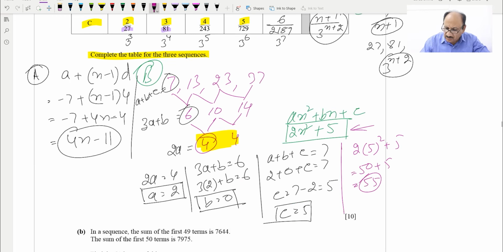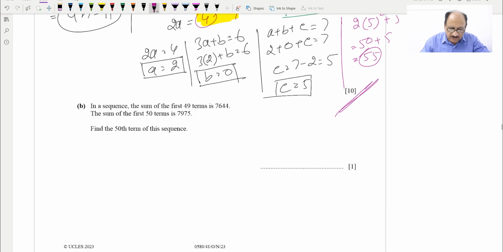So this question is done. It was a 10 mark question which we have done. Hopefully you understand this. So if you know the sequences properly, then this is not an issue.